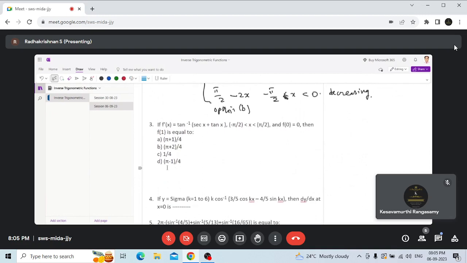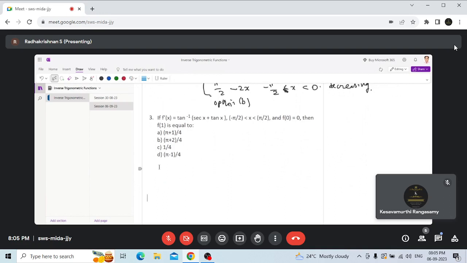Okay, so let's go to this problem. Now f dash of x equal to tan inverse of secant x plus tan x. So this is again some transformation.